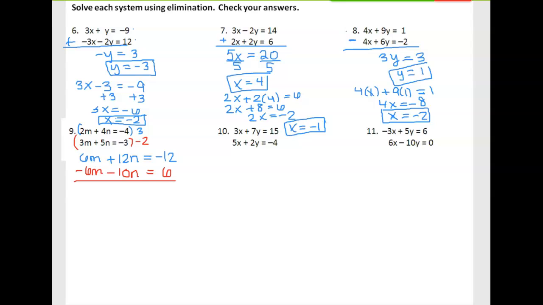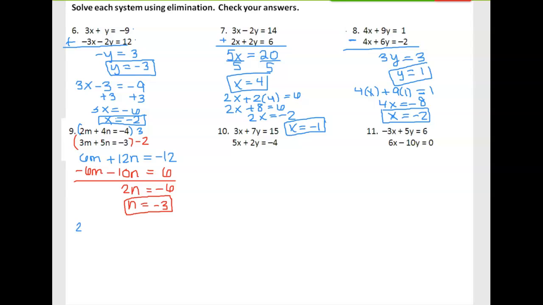So now the m's are additive inverses, so we can add them together. And we get 0 plus 2n equals negative 6. So n is negative 3. And then we're going to take that n and plug it back in. And I always like to plug back into the originals because the numbers are smaller.